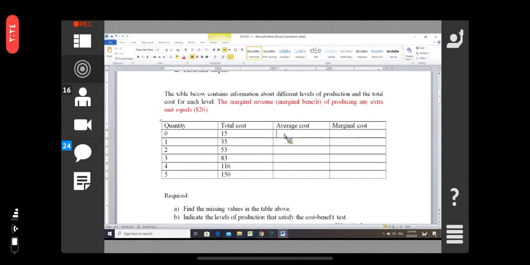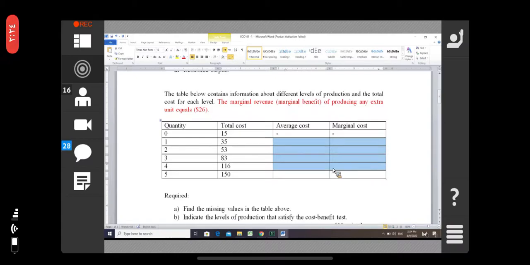First of all, how do we calculate average cost? We agreed that when quantity is equal to 0, we don't do any calculation. How do we calculate the average cost? Total cost over quantity. Fine. So what is the average cost when quantity equals 1?